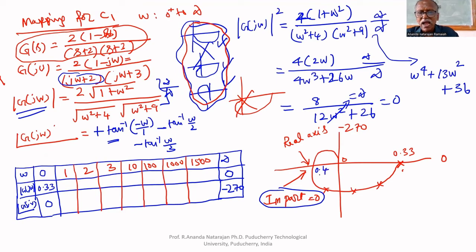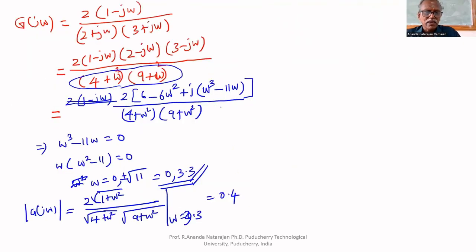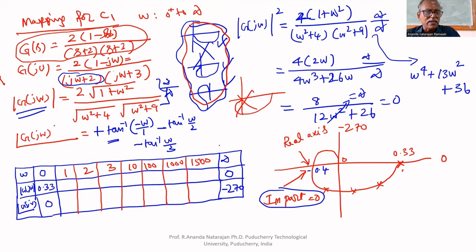What is the angle? It is 180, therefore minus 0.4. We got only the magnitude, the modulus of G of j omega, so it intersects the real axis at minus 0.4. If we substitute omega equal to 3.3 in the angle criterion, you will get angle 180 degrees, so minus 0.4.